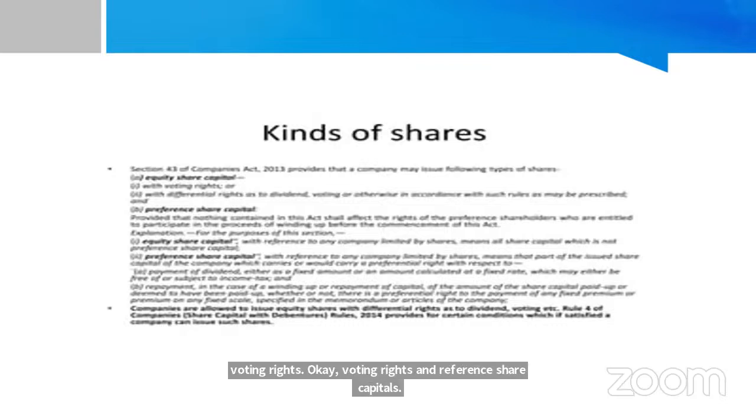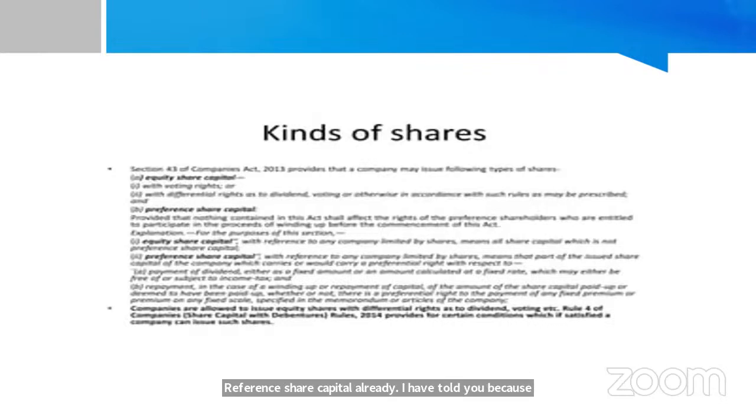Preference share capital, I have already told you, has two preferential rights with regard to dividend and repayment at the time of winding up. Okay, but there is another type of equity share capital, which is equity share capital with differential rights. Please write it down. Equity share capital with differential rights, which is contained under Rule 4 of the Companies (Share Capital and Debentures) Rules 2014.